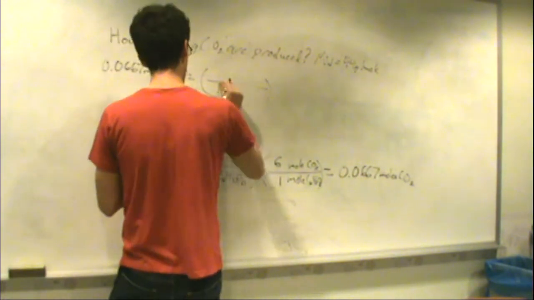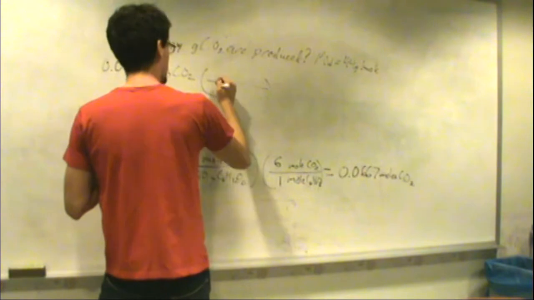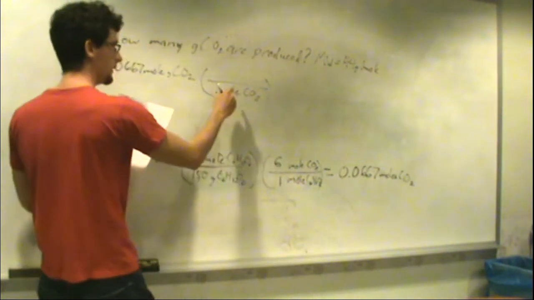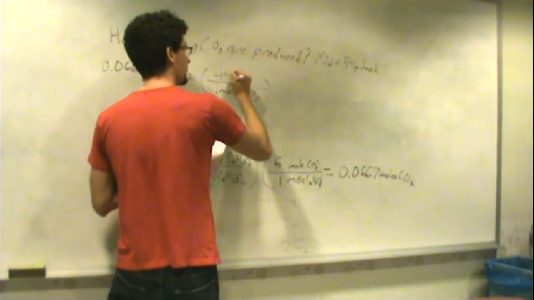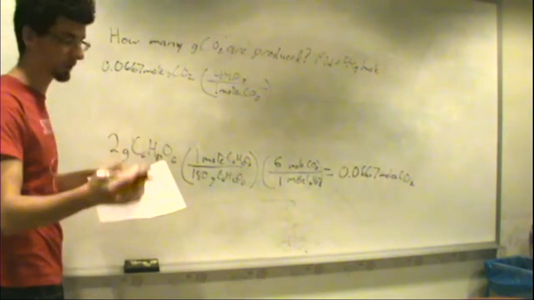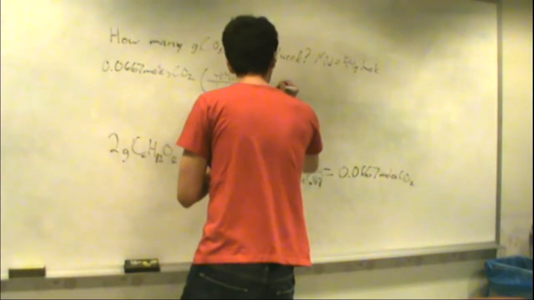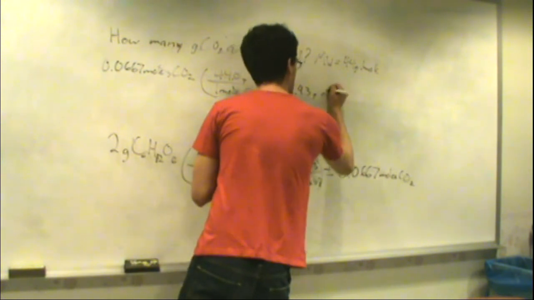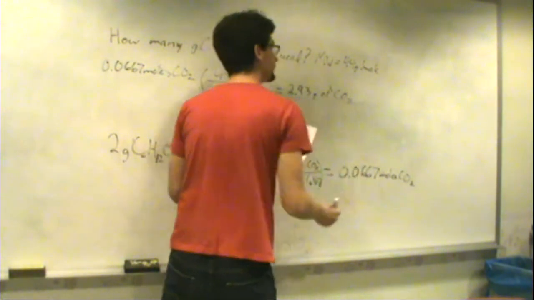So for every 1 mole of CO2, we have 44.0 grams. If you notice, moles of CO2 cancel out, so we're going to end up with the correct answer, which happens to be 2.93 grams of CO2.